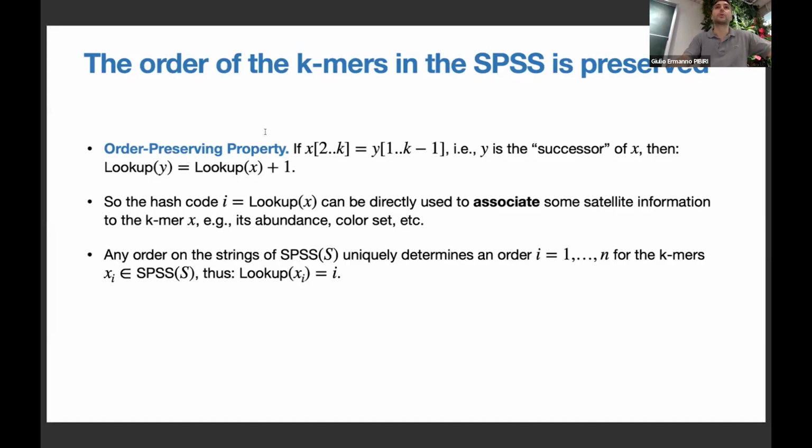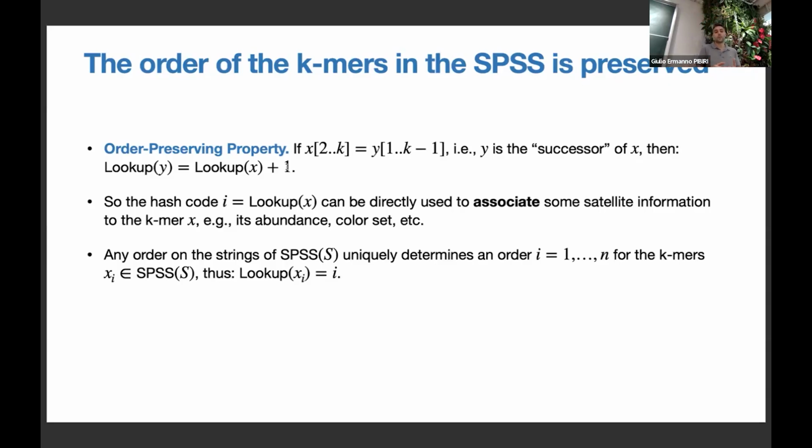Namely, sometimes we want to store the abundance count of k-mers, or we want to store the color set of k-mers, and we will see this application later. And if we have this property that k-mers are kept in order, it's very intuitive to see that each time you see a k-mer x, chances are that you also see its successor, in this case, y.